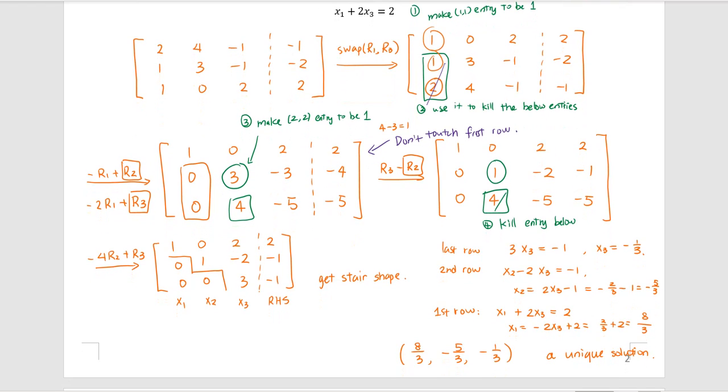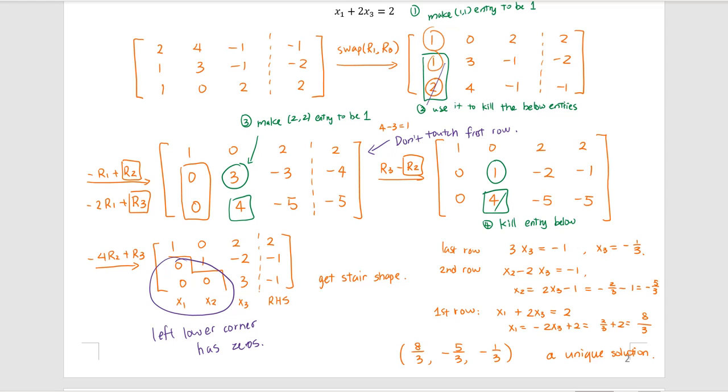And you can see at the end, we'll get a stair shape. So the left lower corner just has zeros. So this is the stair shape, and then we can do back substitution. Why do we say back substitution?